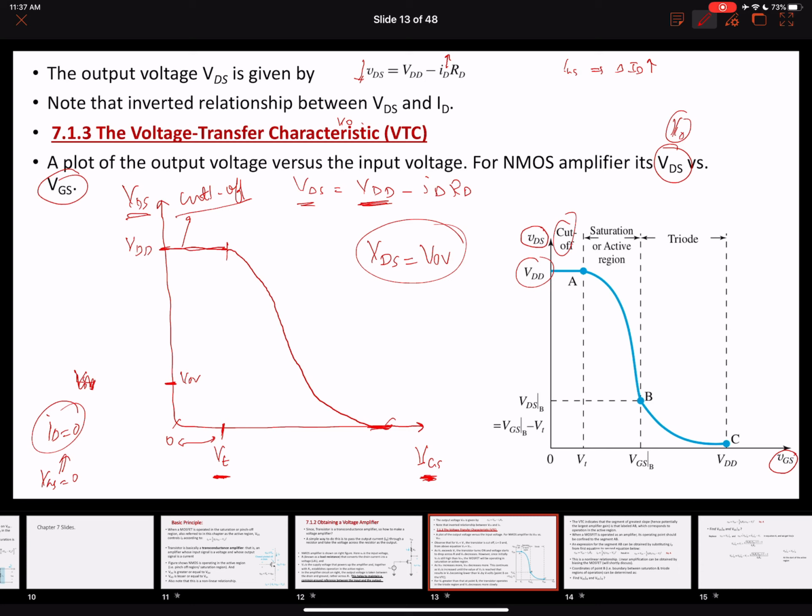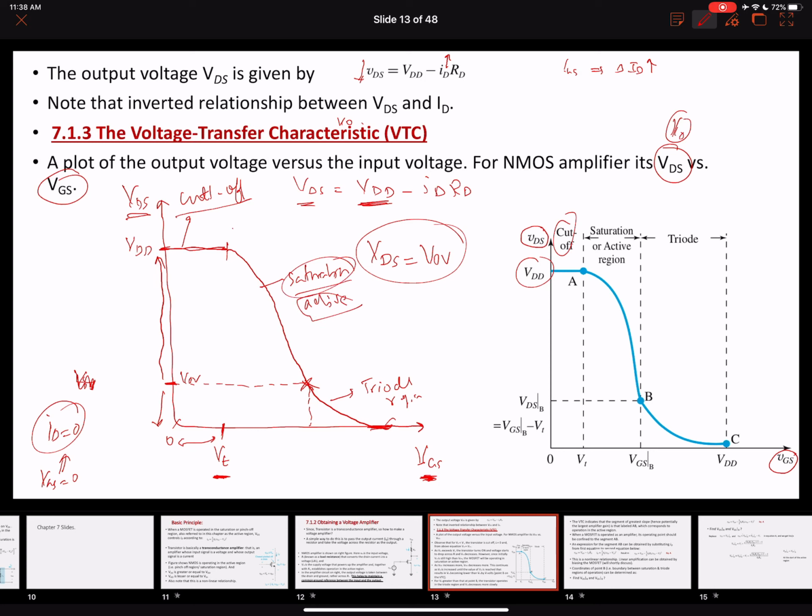So this will be our point of separation of the two regions. This is our triode region, because here VDS is greater than the overdrive voltage, and over here it is less than the overdrive voltage, right? So this is a triode region and this is a saturation region, or active region.